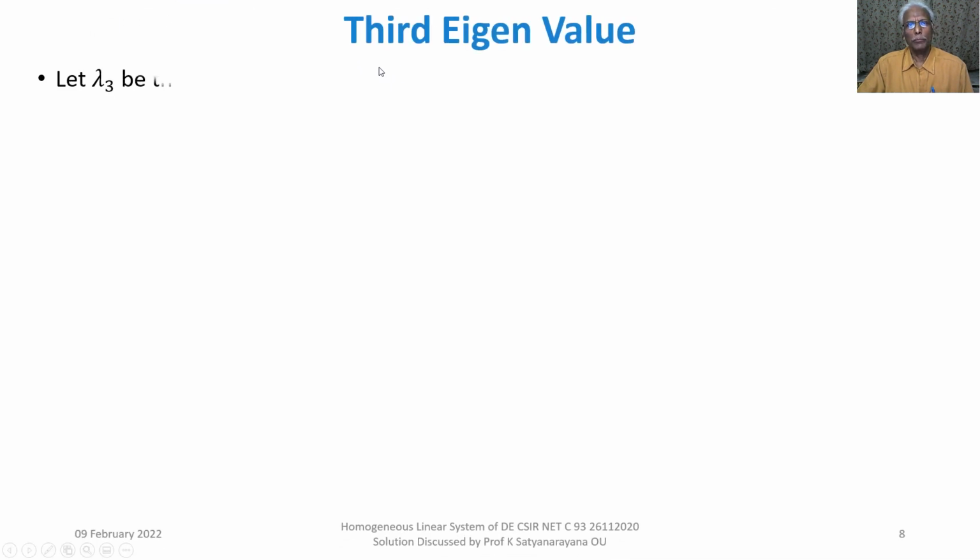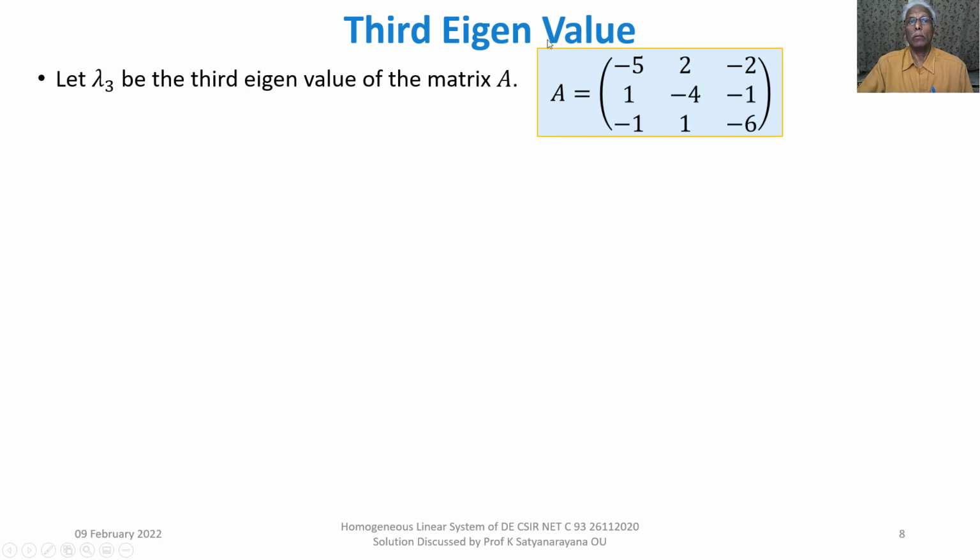Now we continue. We will find the third eigenvalue. Let lambda 3 be the third eigenvalue of this matrix.